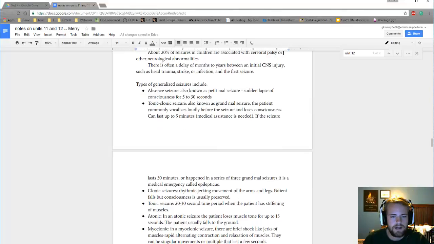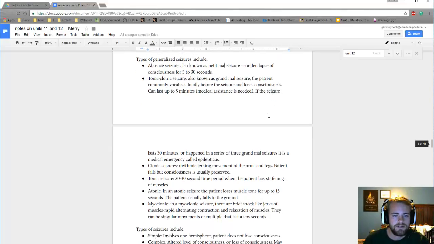There's often a delay of months to years between an initial CNS injury, such as head trauma, stroke, or infection, and the first seizure. So you really don't know what will bring it on, because it will be 2 years down the road that you finally have your first seizure. Alright, so this is important.